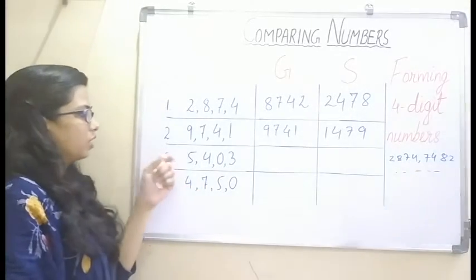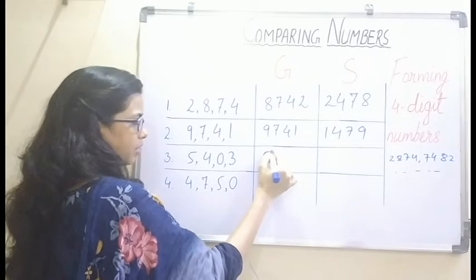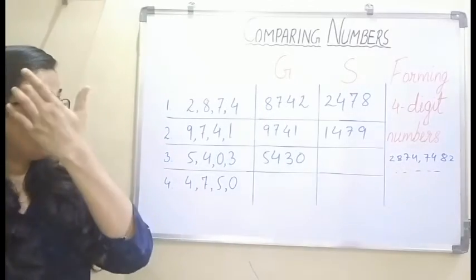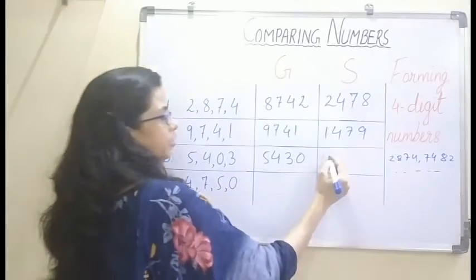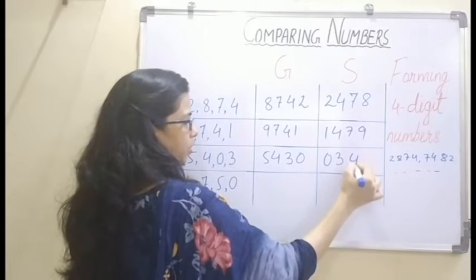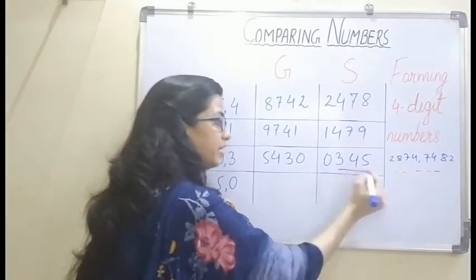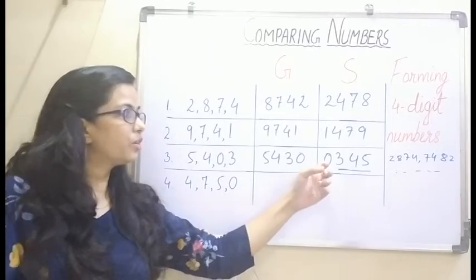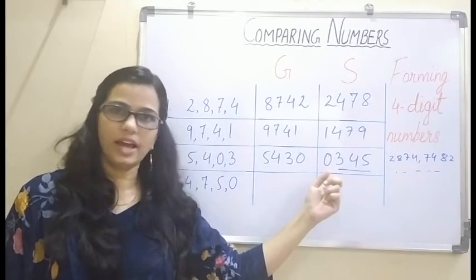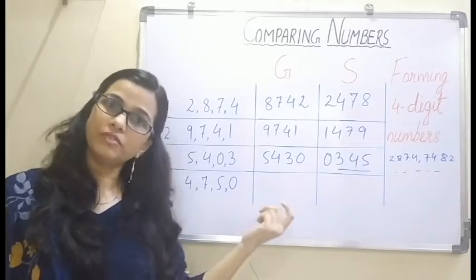Now, in the third case, similarly we move on. So 5,430 is the greatest number. Now if we follow the same rule, for the smallest one we would get 0345. But this forms a 3-digit number, because 0 written before any digit does not have any value. So we have a 3-digit number instead of a 4-digit number.